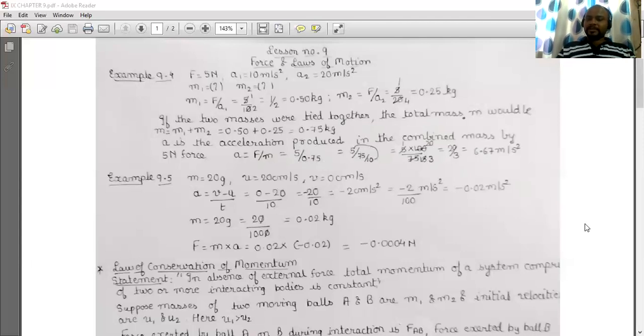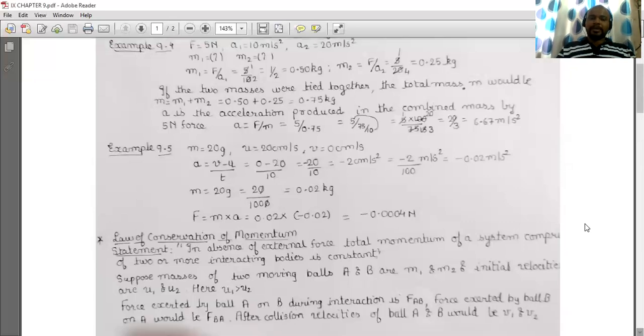Now moving on to the next sum, example 9.5. In this, a velocity time graph of a ball of mass 20 gram moving along a straight line on a long table is given. If you see the graph, this is an example of retarded motion.